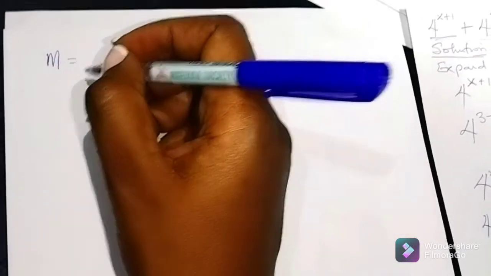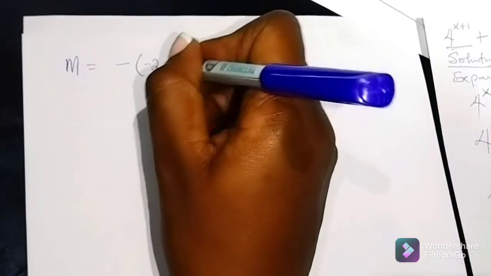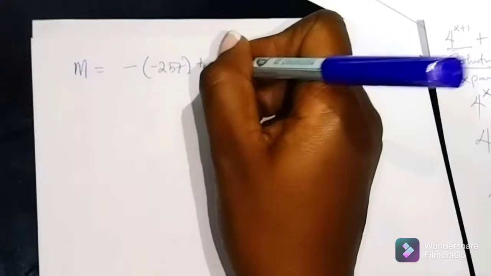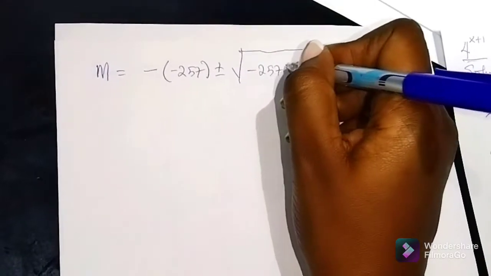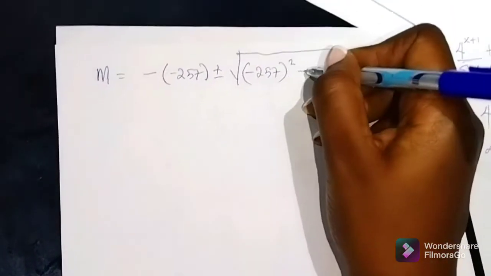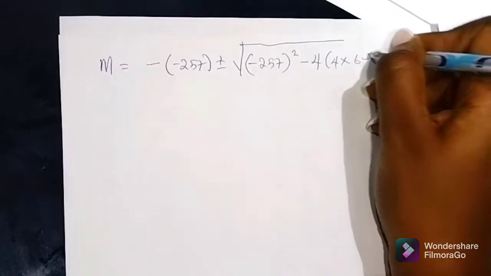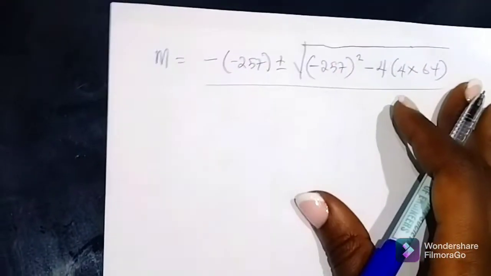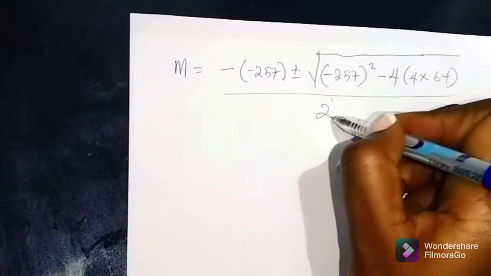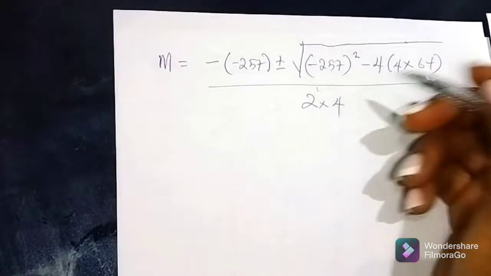The value of m becomes minus b, which is 257, plus or minus the square root of minus 257 squared minus 4 times 4 times 64, then we write the denominator, which is 2a, and a is 4.